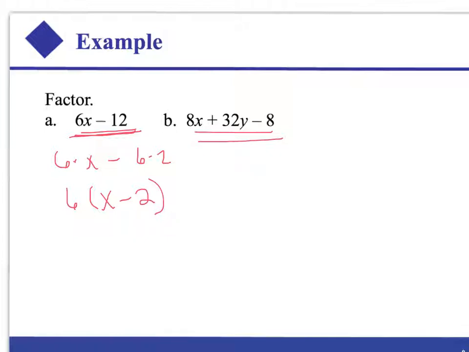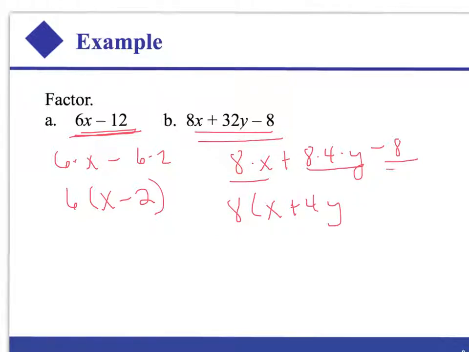Let's look at this one right here. What would all these have in common, can you think? I would say 8. So you have 8 times x plus 8 times 4 times y minus 8. So if I take an 8 out of everything, it's like dividing each section. If I divide that by 8, I'm left with x. If I divide this by 8, I'm left with 4y.